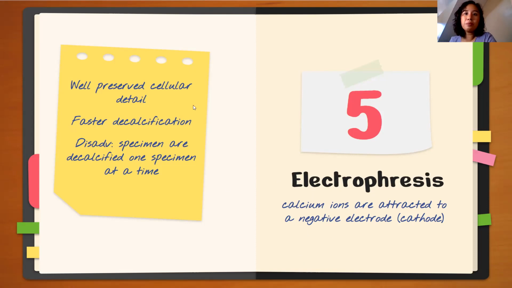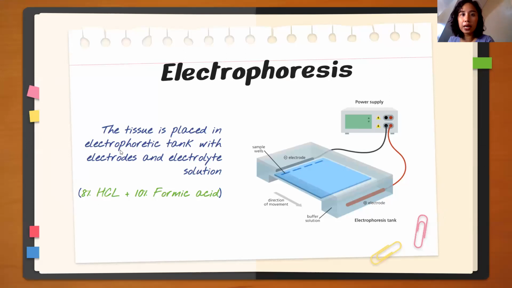Yan. So your electrophoresis parang pareho sila ng ion resin. So well-preserved cellular detail, faster. However, one at a time lang. Okay? Kasi nga, simple lang naman electrophoresis. Okay? So, class, you have to prepare your media or your electrolyte solution. Yung environment kung nasaan yung buto or yung specimen.